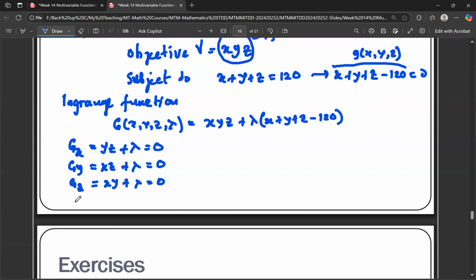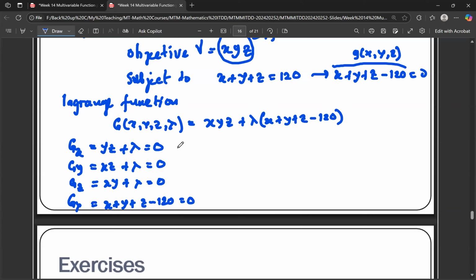And the last, G_lambda, is x plus y plus z minus 120 equal to 0. Now we have four equations in four variables, so we need to solve it.